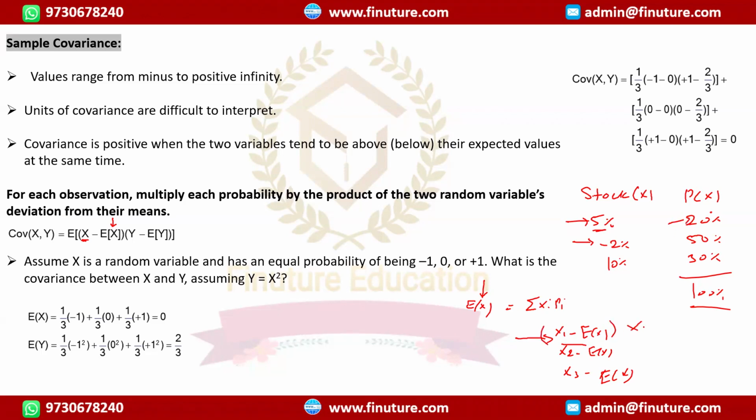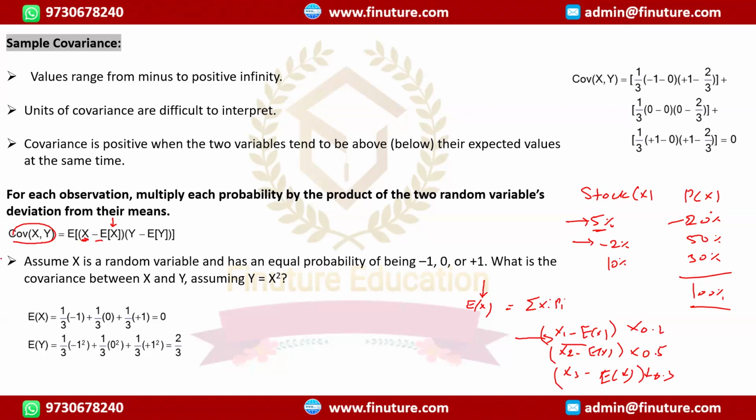So this into 0.2, this into 0.5, and this into 0.3. This part is a little tricky. Let's not go to covariance first. Let me talk about variance of x first, then I can talk about covariance of xy when you are given this type of data.